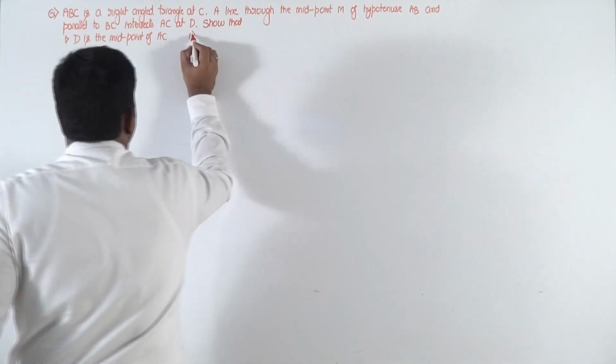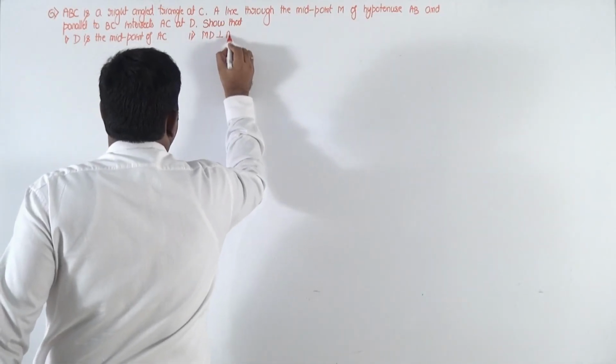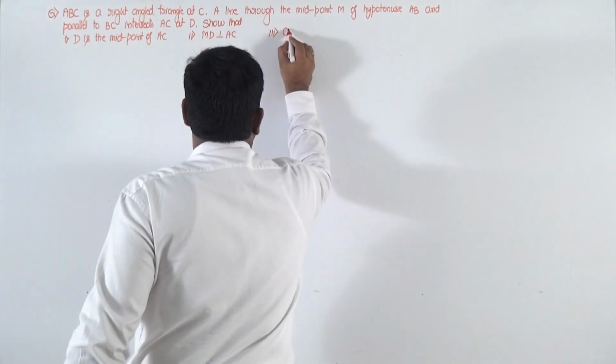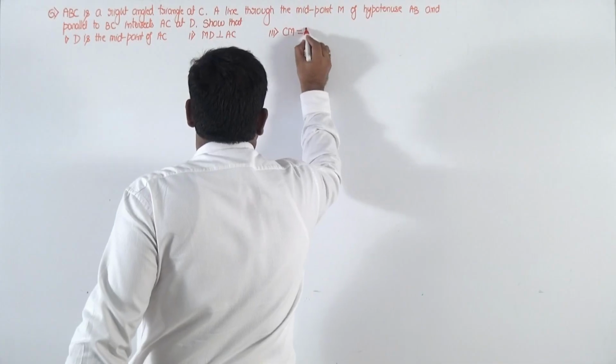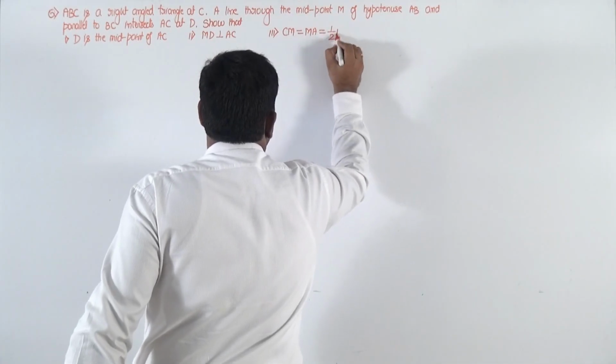Second bit, MD is perpendicular to AC. Third bit, CM is equal to MA is equal to half of AB.